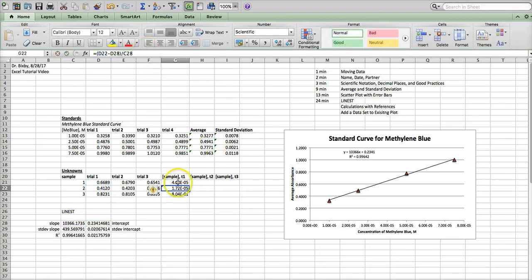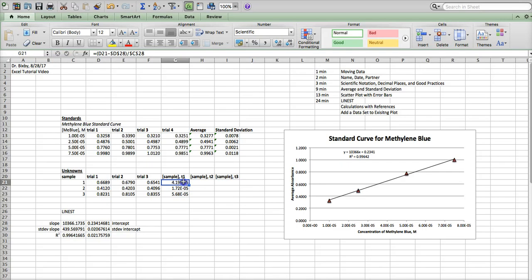And so now, when I copy that equation down, we can see here that those references have remained constant. And these references have remained constant as well, but I'm only changing which sample I'm doing in that trial.